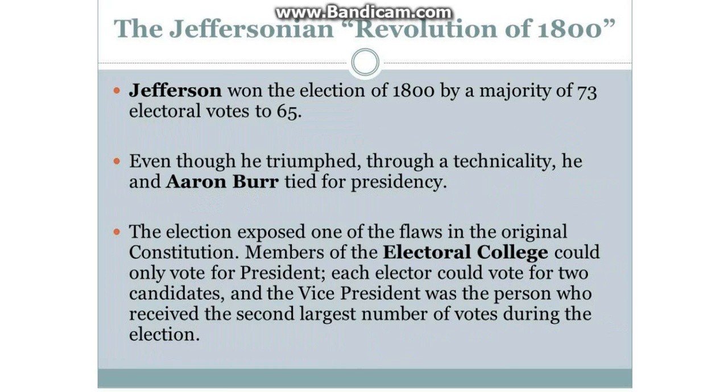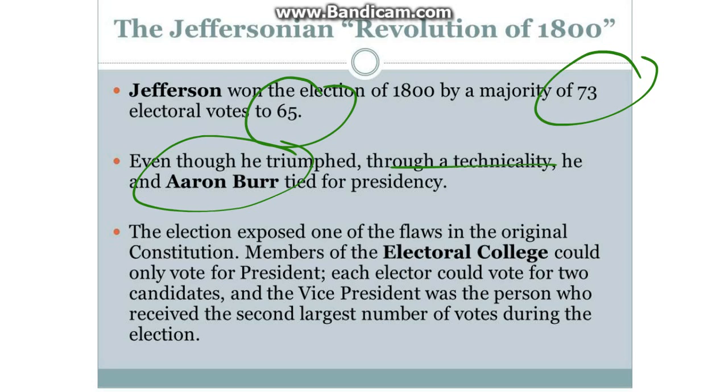Jefferson won the election of 1800 by a majority of 73 to 65 electoral votes: 73 electoral votes for Thomas Jefferson and 65 electoral votes for John Adams. But even though he had beaten John Adams, there was a technicality, and he had actually tied his running mate, Aaron Burr, for the presidency.